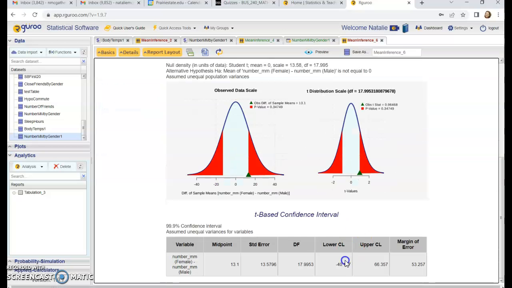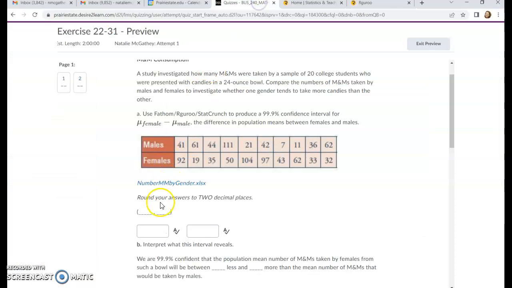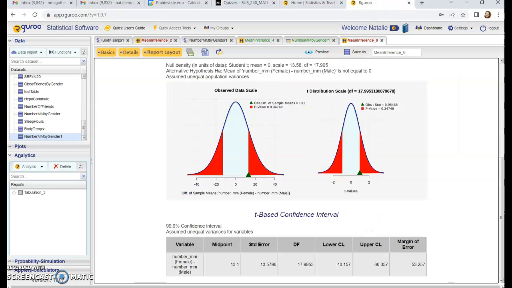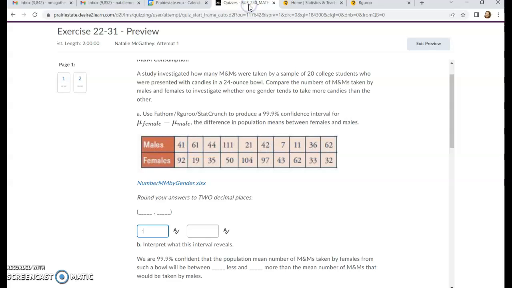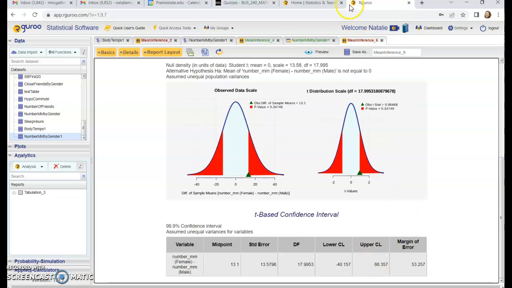So now all the way here at the bottom, negative 40.157 to 66.357. All right, we need answers rounded to 2 places. So negative 40.16 to 66.36.